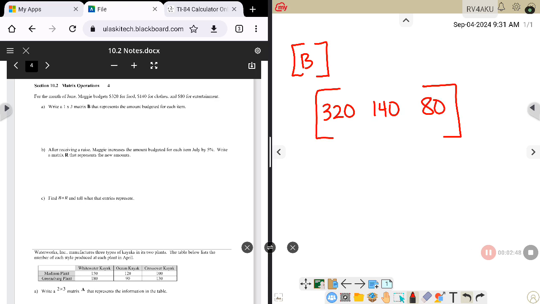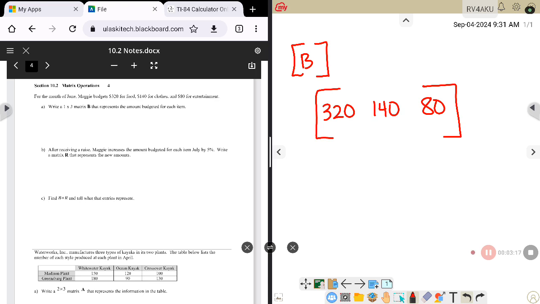So now we are going to go to the next part of this. It says, after receiving a raise, Maggie increases the amount budgeted for each item in July by 5%. So what I am going to do is I want to see what matrix B is if I raise those numbers 5%, and I can actually do this in my calculator.